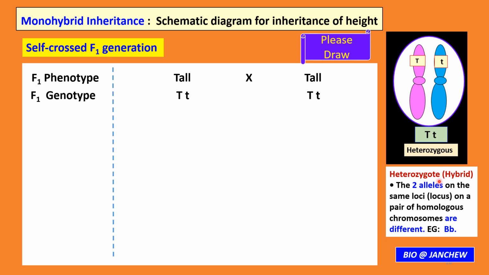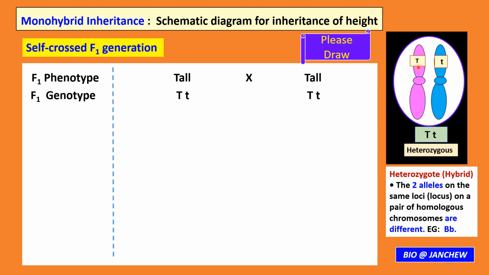So it means the same thing in that in a heterozygote, or hybrid, the two alleles on the same loci or locus, on the same position here, on a pair of homologous chromosomes, are different. One allele is a dominant allele contributed by one parent, and the other allele is a recessive allele contributed by the other parent. All right, so when the two alleles are different, we can easily know that if we see that there's one capital letter and one small letter.